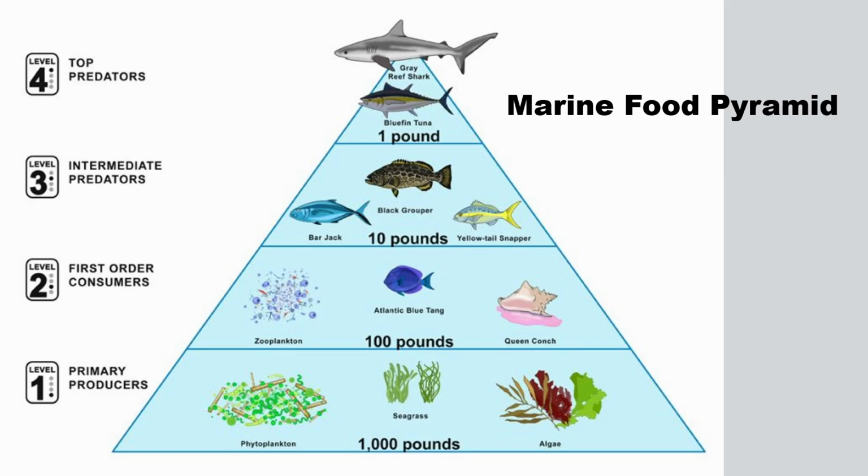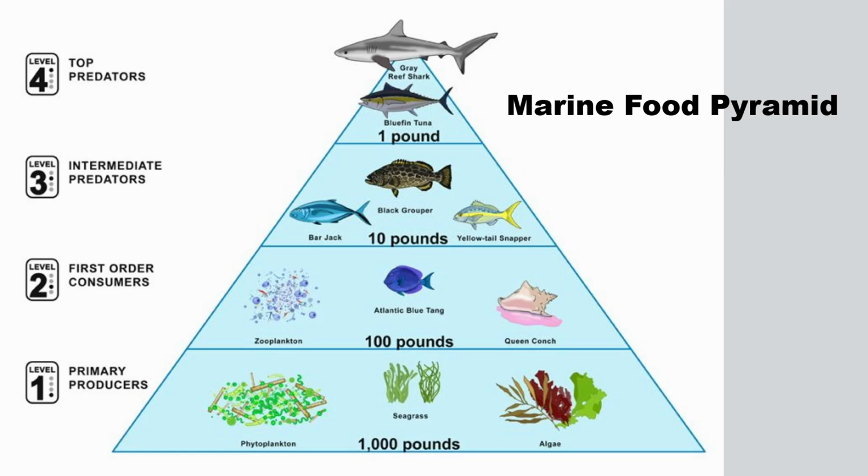This comes under the energy transfer rule, the 10% law, which we will see in the next few slides. Above them are the intermediate predators like barjack, black grouper, and yellowtail snapper. They eat the first order consumers, making them the third trophic level.